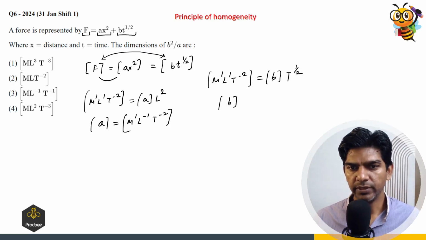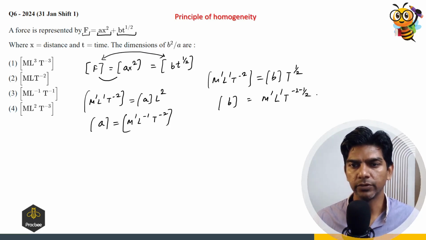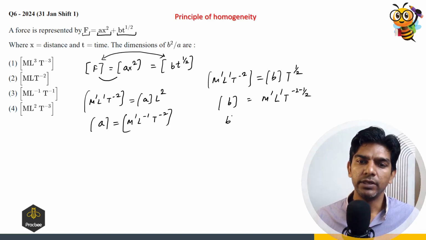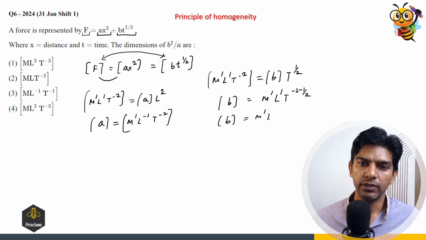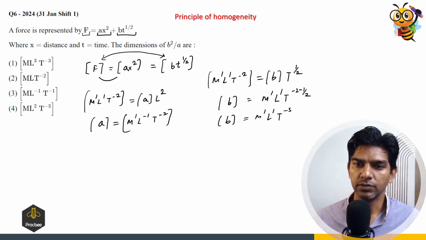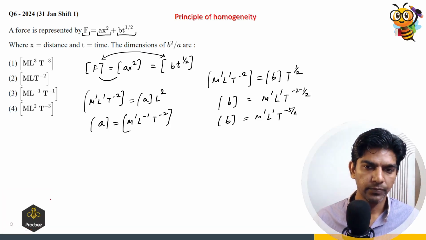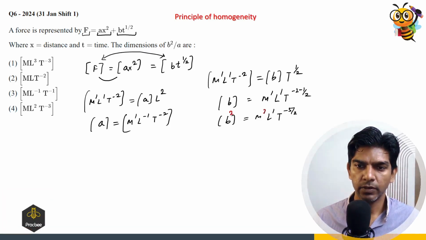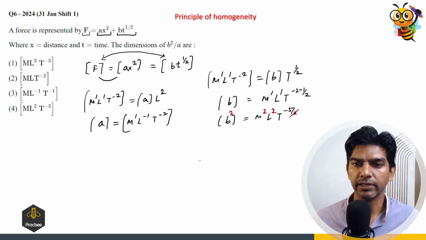So dimension of b will be M raised to power 1, L raised to power 1, T raised to power minus 2 minus 1 by 2. So b will be M raised to power 1, L raised to power 1, T raised to power minus 5 by 2. Now we have to square this. So if we square this, the 2 will get cancelled out.